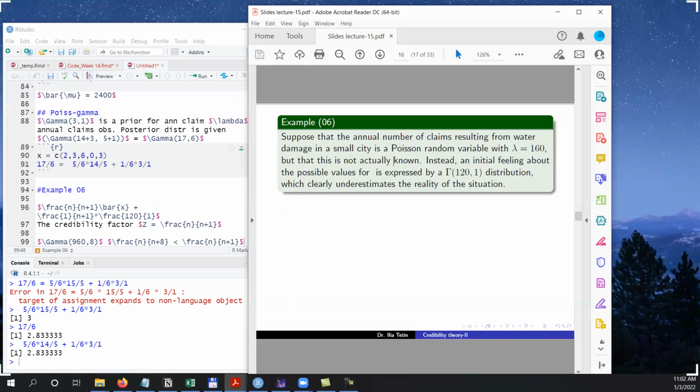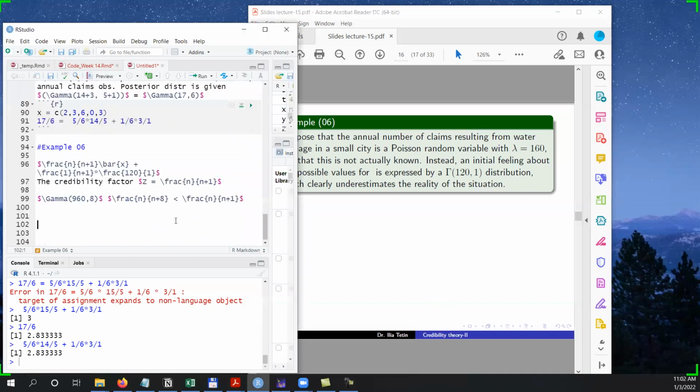Then what can we actually say here? What would be the priors? This will be maybe your homework. Let's say the claims are the vector of 156, 150, 157, 150, 167, 134.